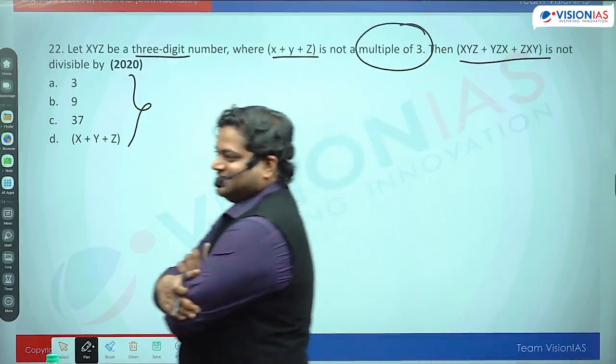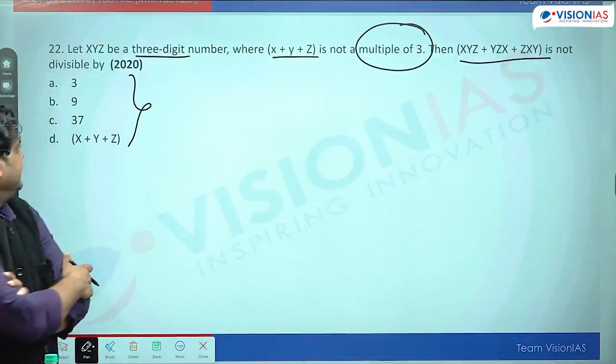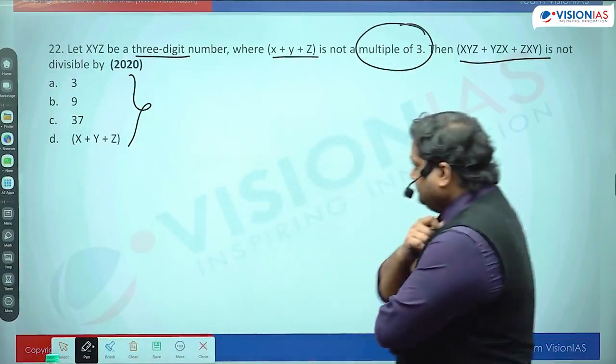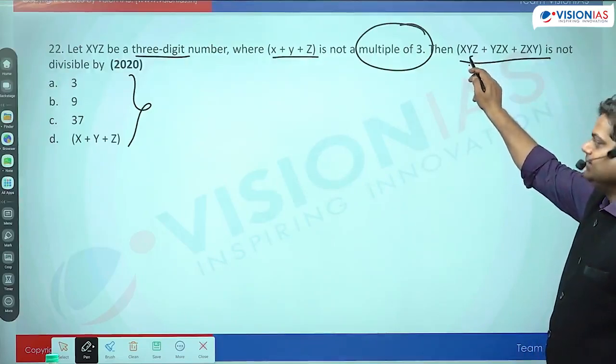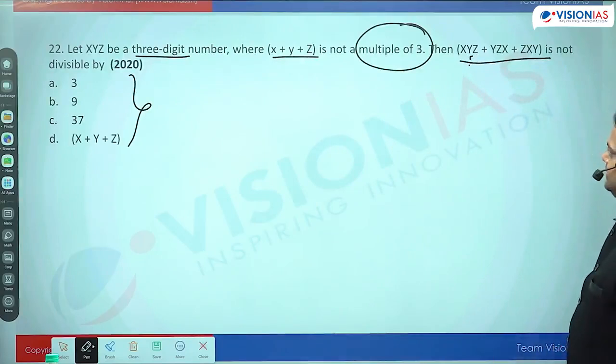What will the answer be? It will not be divisible. A3. They are asking about this: this number is not divisible by not x, y, z.